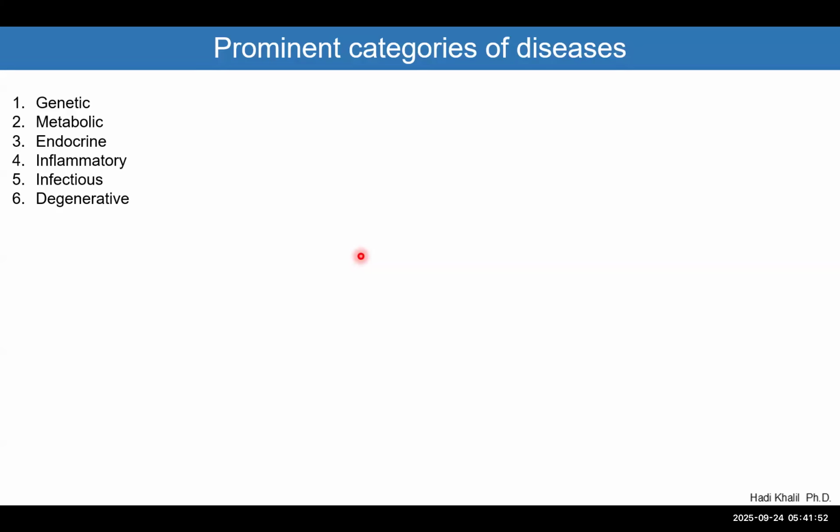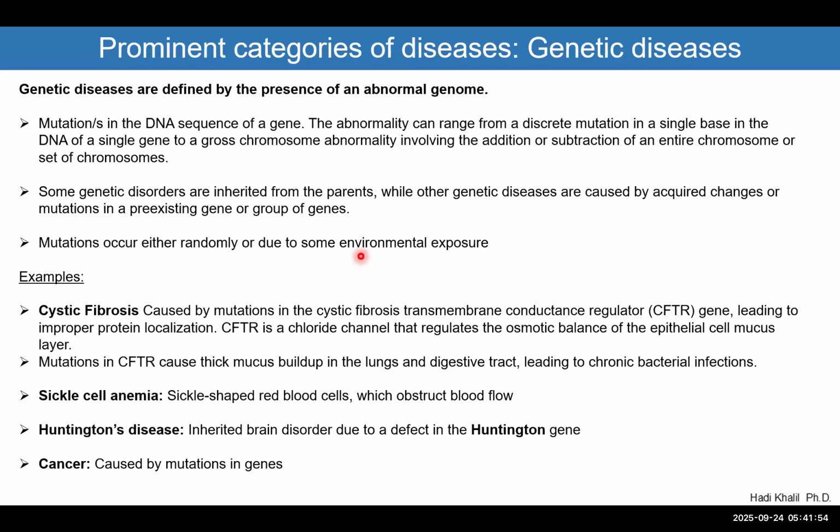So how can we define genetic diseases? Simply put, genetic diseases are defined by the presence of an abnormality in the genome. And the abnormalities in the genome could be something very simple, like mutations, which are defined by a change in the DNA sequence of a gene. Now, it's very simple.